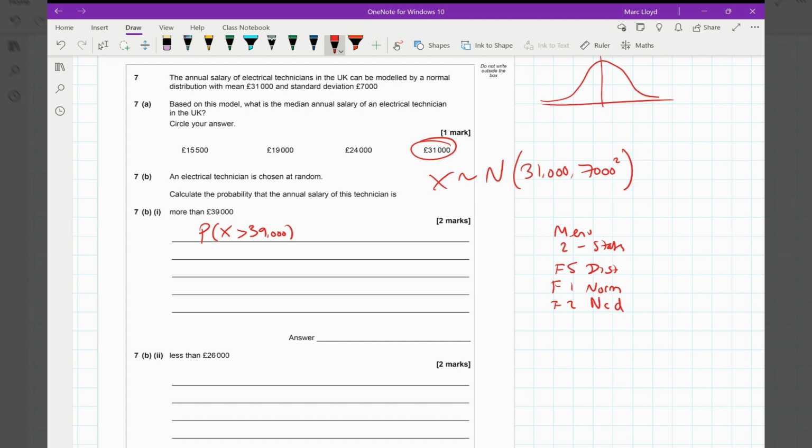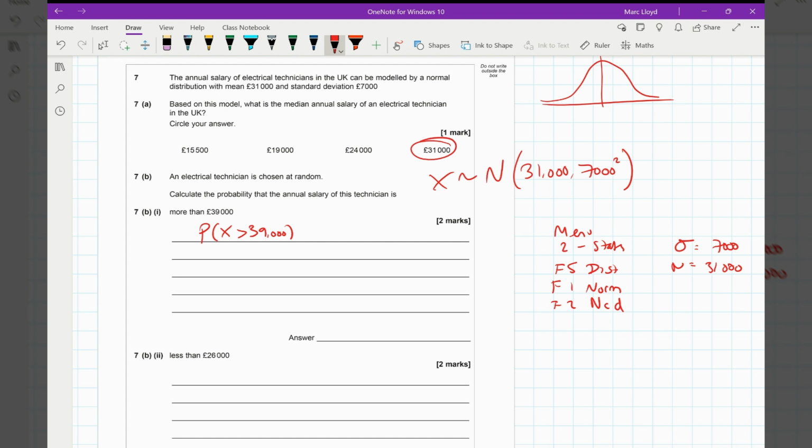So for this question, that is the standard deviation, so that's 7,000. And the mean is 31,000. Let me just change all of that on there.